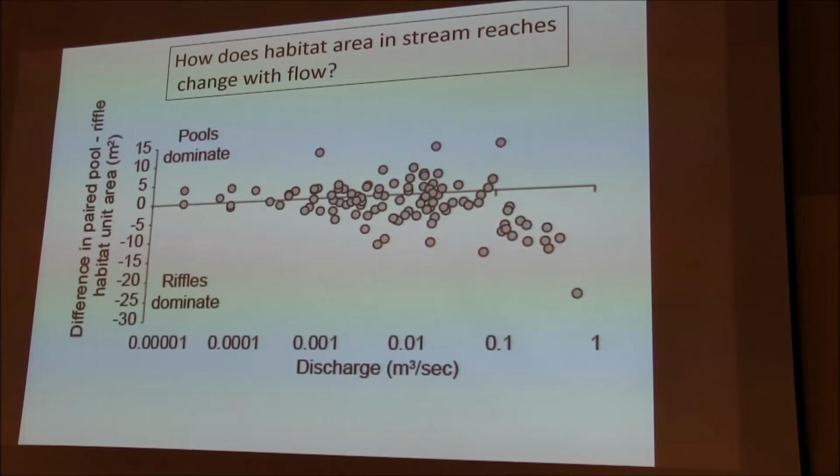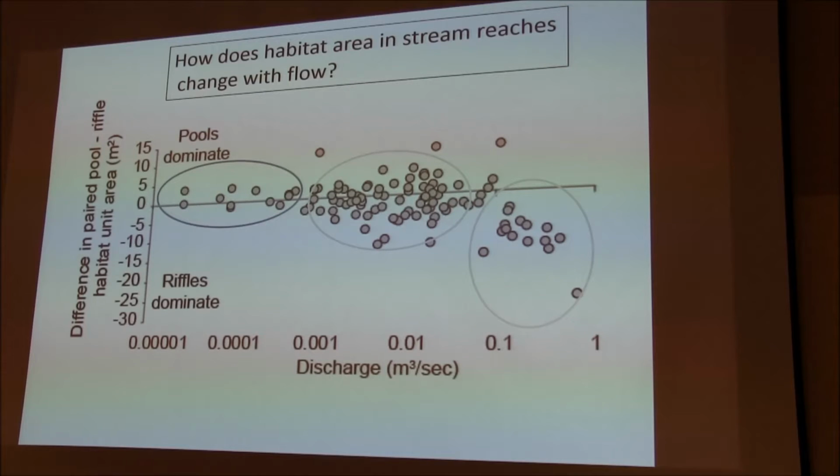And so what you see here is that at very high levels of discharge, the stream reach as a whole is dominated by a larger area of riffle habitat. In the moderate range, we see quite a bit of a mix of the predominance of riffle habitats, which is below this line here, or pool habitats above that line. So a much greater variety and mix of habitat under those kinds of conditions.